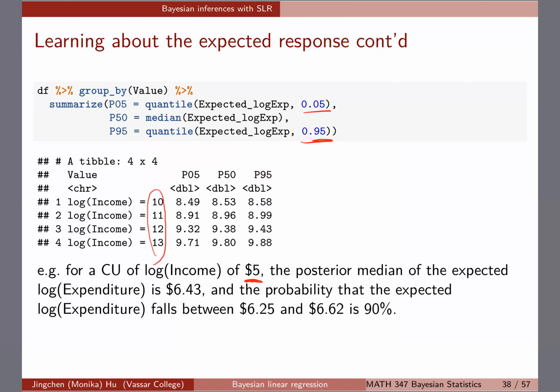Instead of 5, because we don't have it on this slide anymore, let's just say 12, then you can get 9.38 as the log expenditure, the expected value of the median of that. And all of this will be the other things you can do, about the middle 90% credible interval. So that's another summary you can do in addition to doing the ggridges and showing all of the expected values.